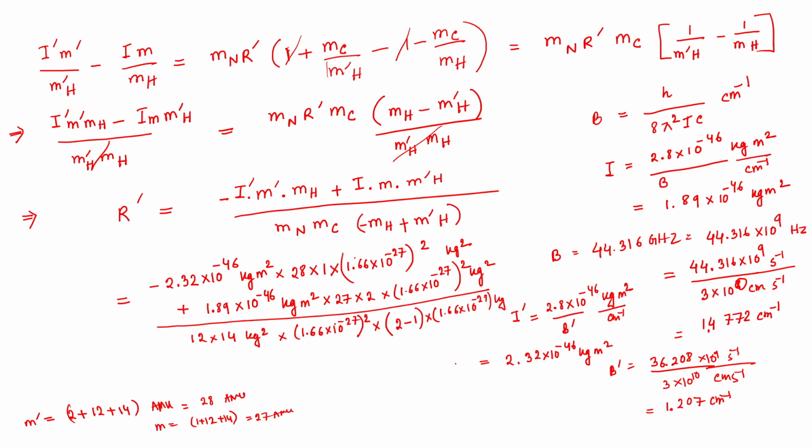So from the above portions, this kg square is gone. This kg is also gone. This kg is also gone. So the thing I am left with is meter square.